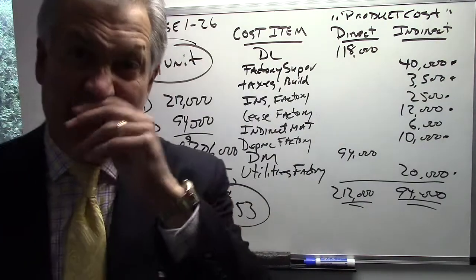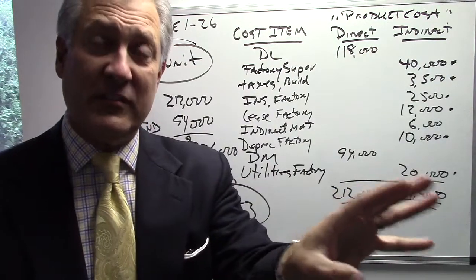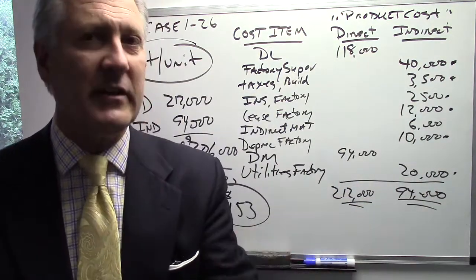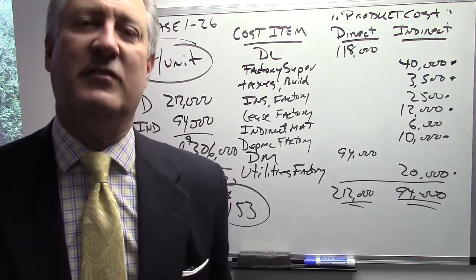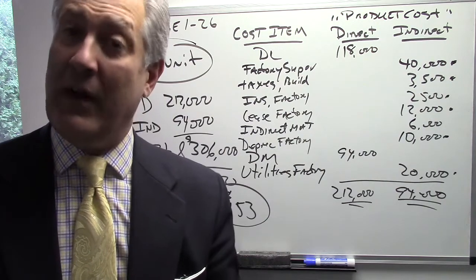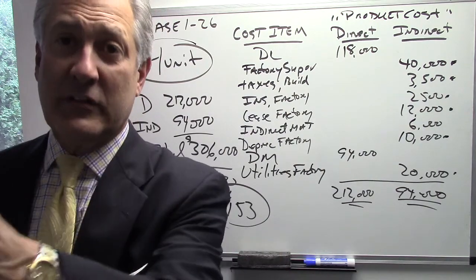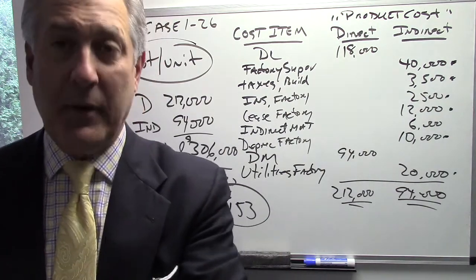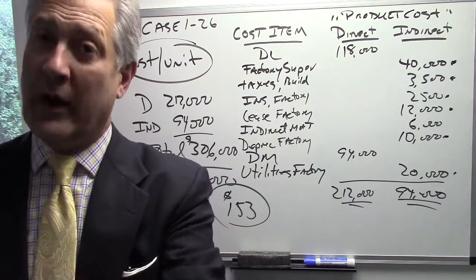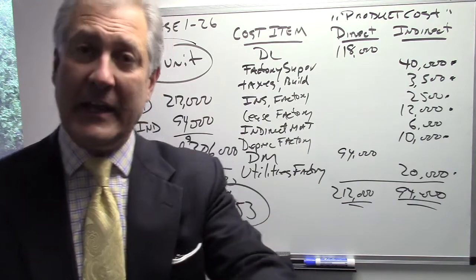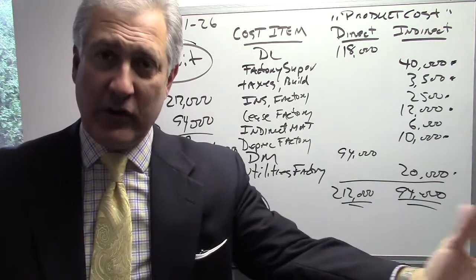And remember what we said, fixed cost, total cost stays the same as activity changes. So regardless of the number of units they produce, the total cost stays the same. However, as the number of units goes up, that cost per unit does what? It drops, right? Because you're allocating those fixed costs over a greater number of units.